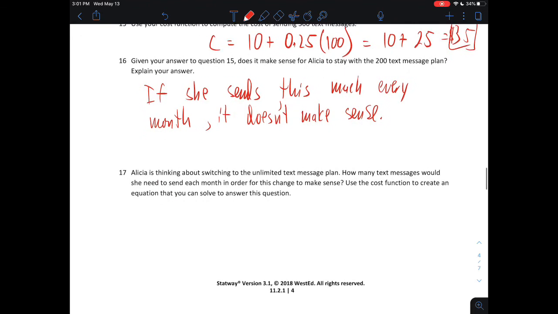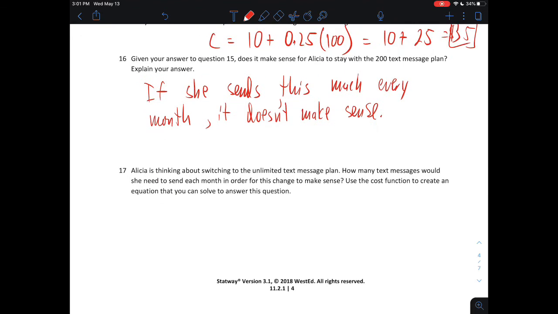So, number 17 to finish, Alicia is thinking about switching to the unlimited text message plan. How many text messages would she need to send each month in order for this change to make sense? So she wants to justify this decision. Use the cost function to create an equation that you can solve to answer this question. So what we really have is the cost for less than 200 messages or texts.